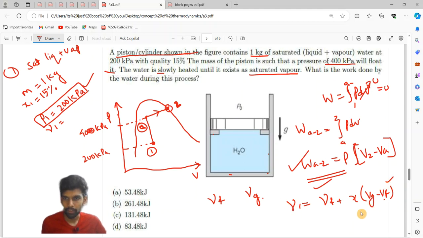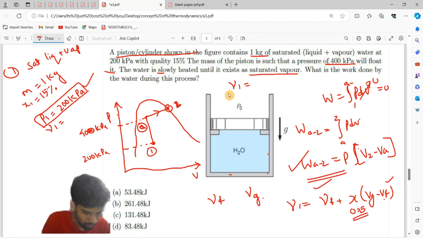For x equal to 15%, that is x equal to 0.15. Here we need to put it as a fraction, not in percent. So we will get the value of V1. V1 from the table is 0.13376.